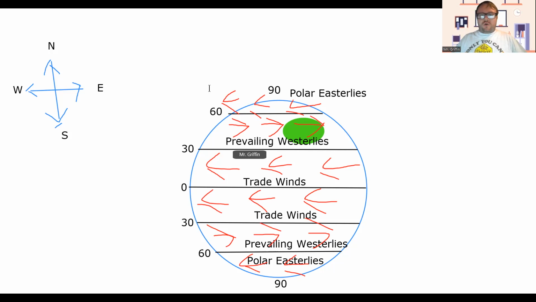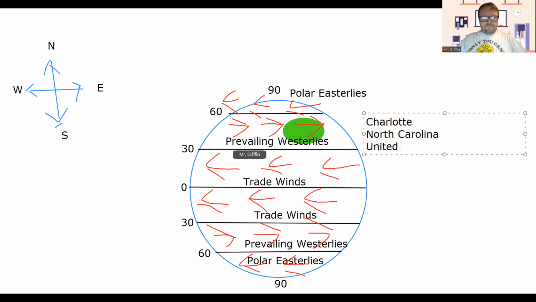That green circle represents Charlotte, North Carolina, the United States, and North America. These are the primary winds that are over our part of the world. Charlotte, North Carolina, United States, North America.